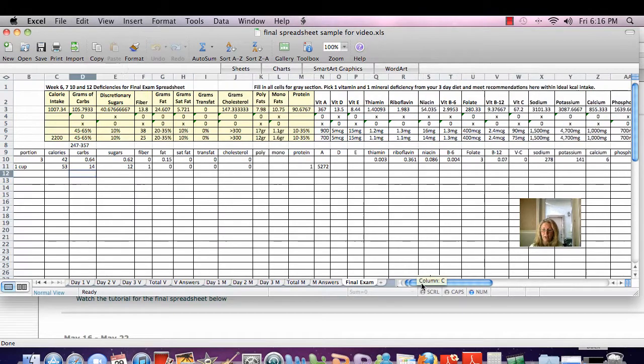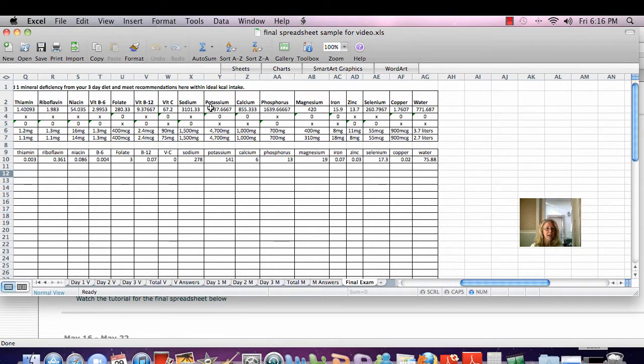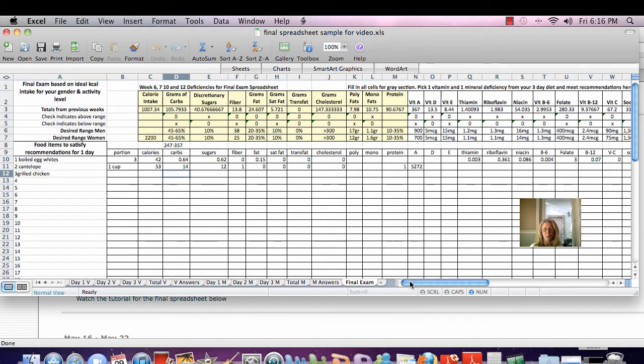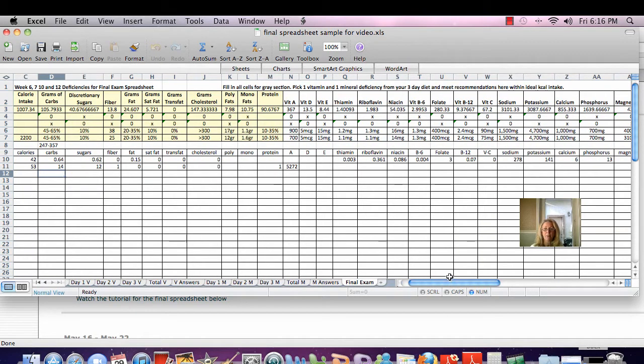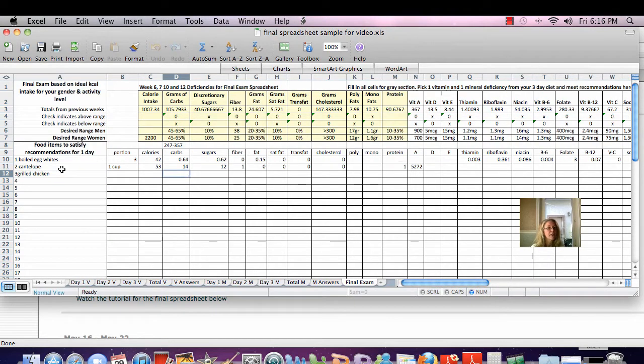What is over here to the right is the vitamin and mineral, and you don't need to do all of those. Just pick one of each, one vitamin and one mineral that you appear to be deficient in. So let's just look and see. This person was below in vitamin A and vitamin E. So let's say I wanted to improve my vitamin E intake.